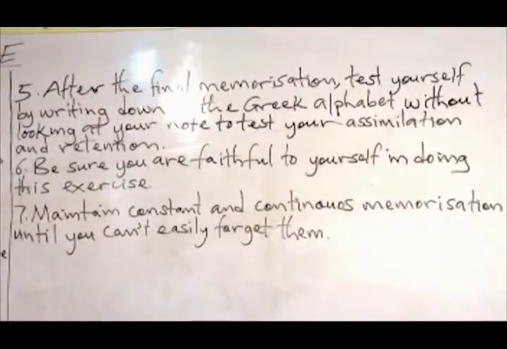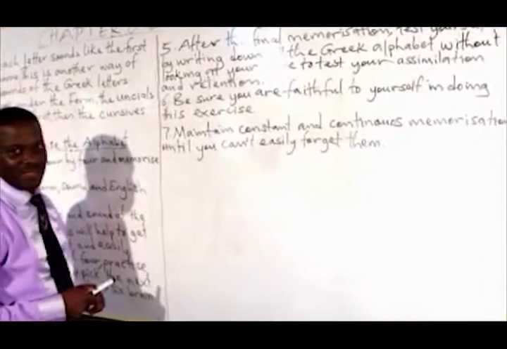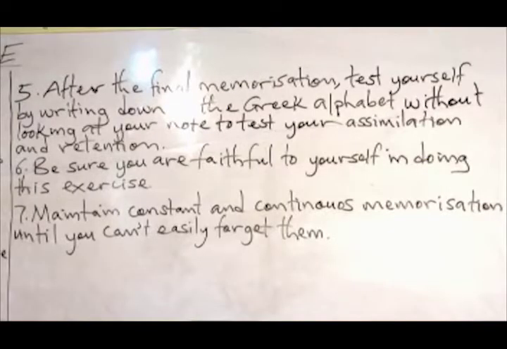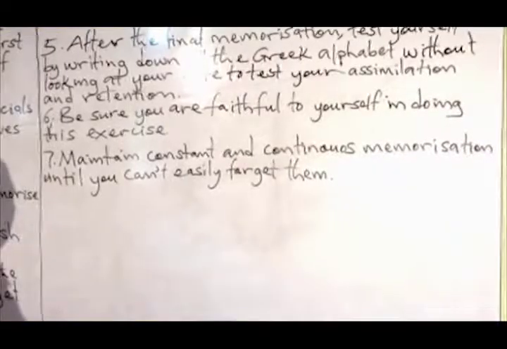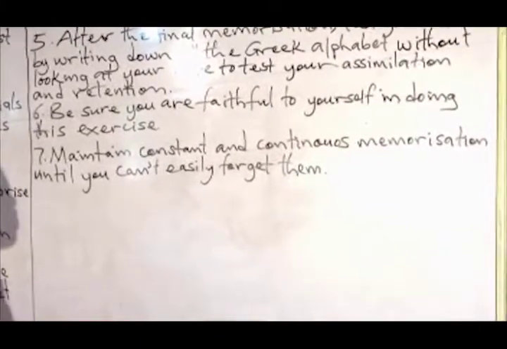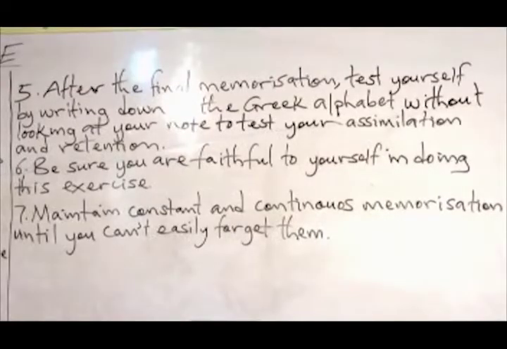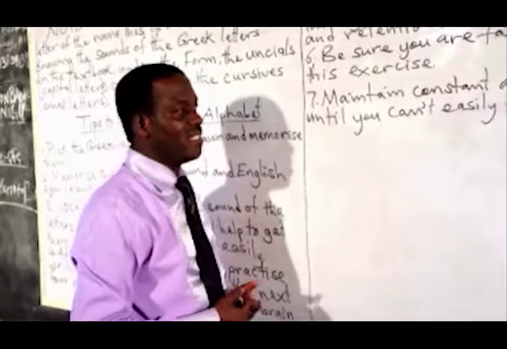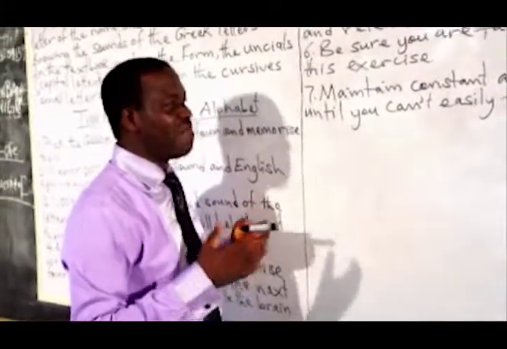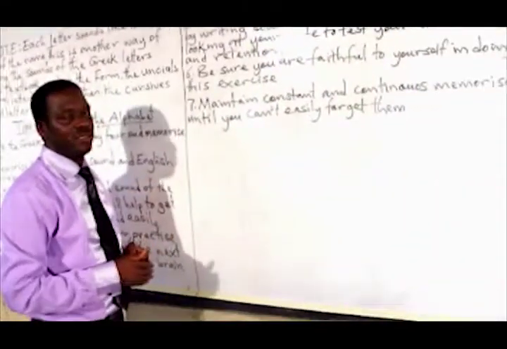Number 6: be faithful to yourself in doing this exercise. Number 7, the last one: maintain constant and continuous memorization until you can't easily forget them, until you finish mastering them. Because if you do not do that, you can easily forget them.